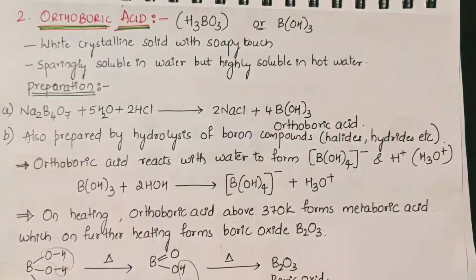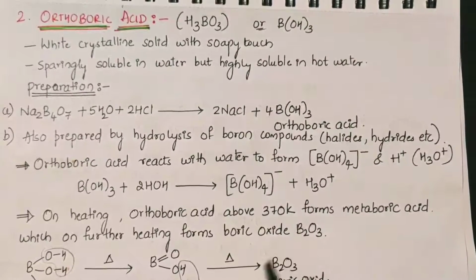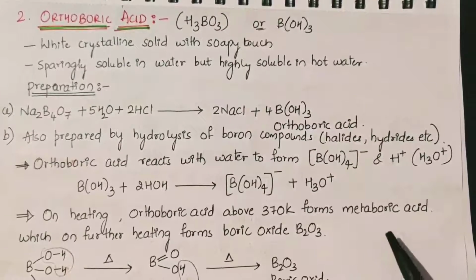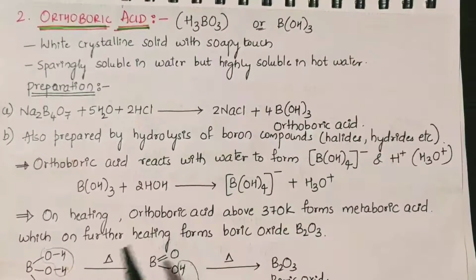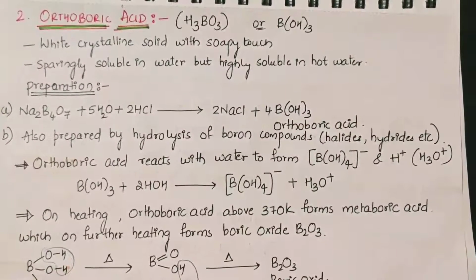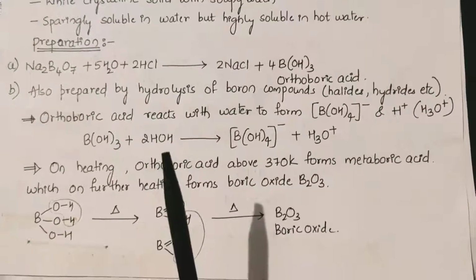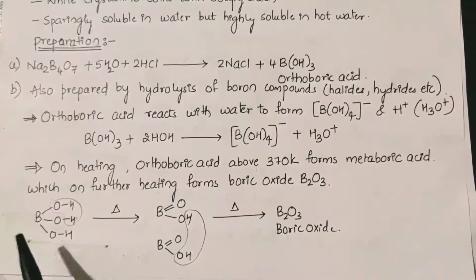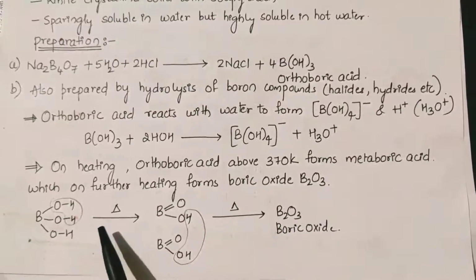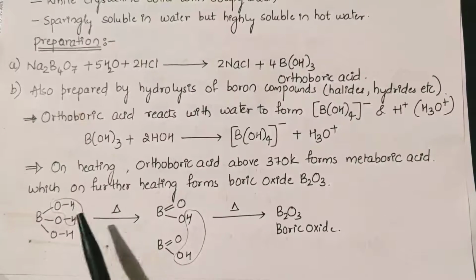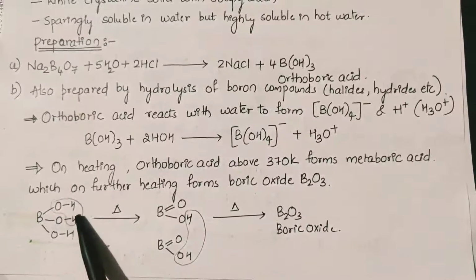On heating, what happens? Whenever you heat orthoboric acid above 370 Kelvin, it will form metaboric acid, which on further heating will form boric oxide. You can see the reaction here. Orthoboric acid is written as H3BO3. When you heat it, water is lost, so remove H2O.